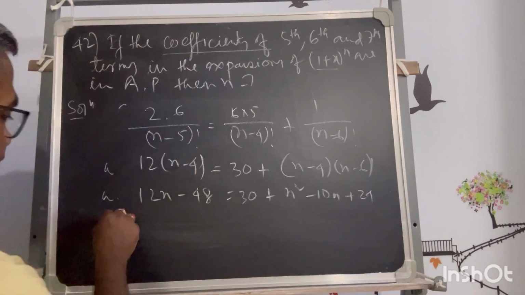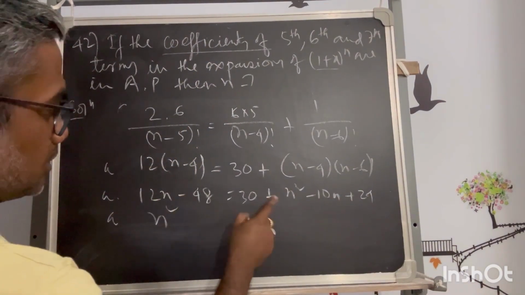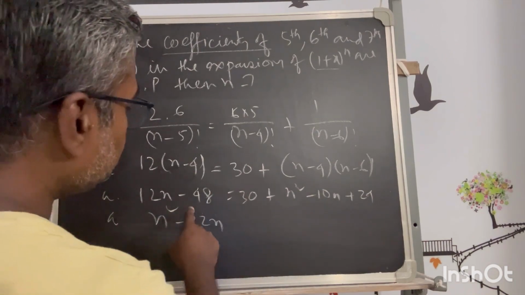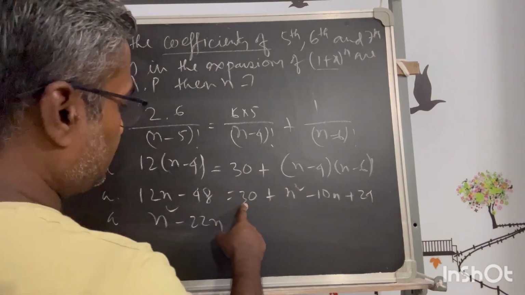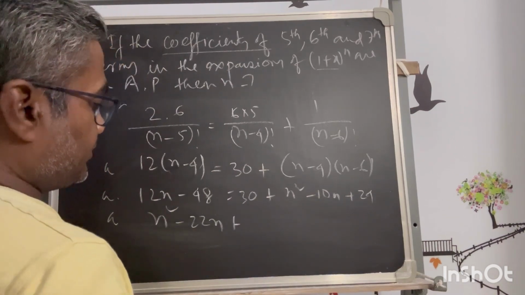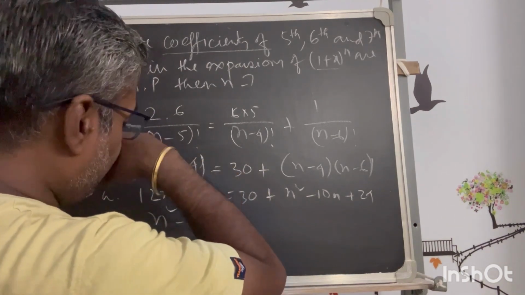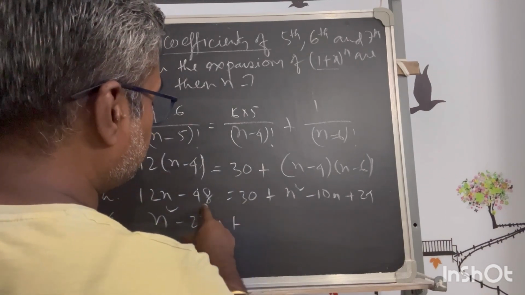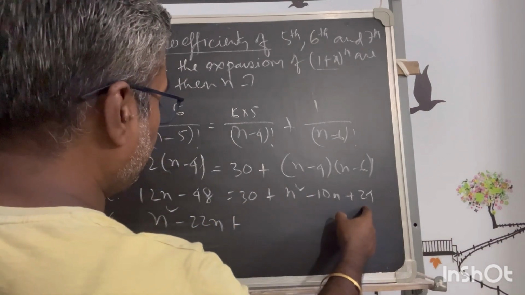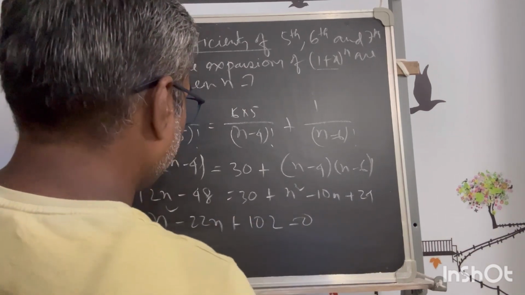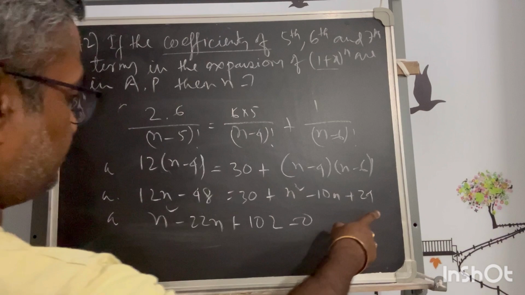So all together if I bring all this to one side, this will be n square, 22n, 78 plus 24. How much? 78 plus 24, 102 I think. 70 plus 20 is 90, 90 and 12, 102. This is equal to 0. This will be plus, plus, plus and plus.